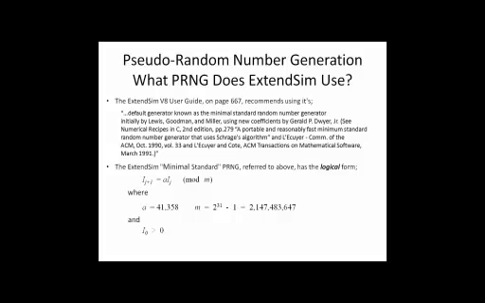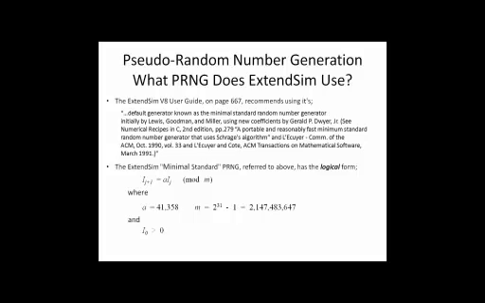The literature supports the claim that this particular generator, using these constants, has full period. And by that is meant that it will take on all possible values in the range from 1 to this number minus 1 before it repeats.